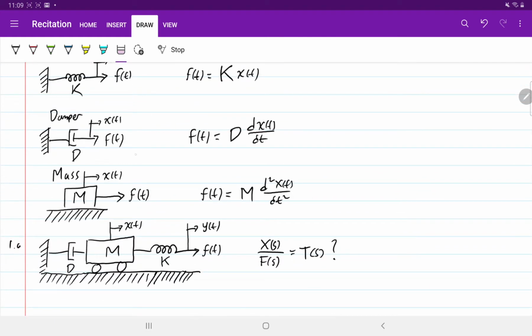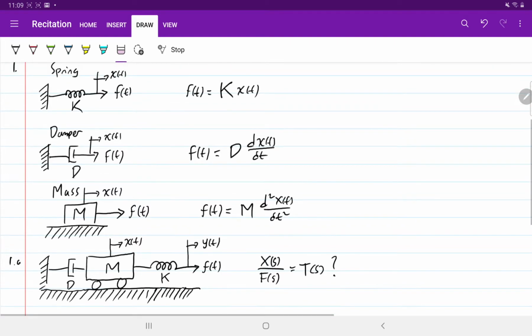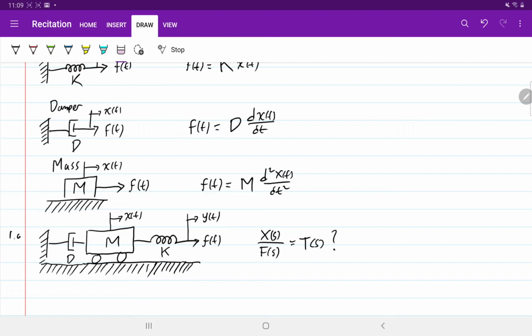For the damper it is similar, but instead of the displacement, the force will come from the velocity. So d times dx over dt. And for mass, the force is equal to the mass multiplied by the acceleration of the point.